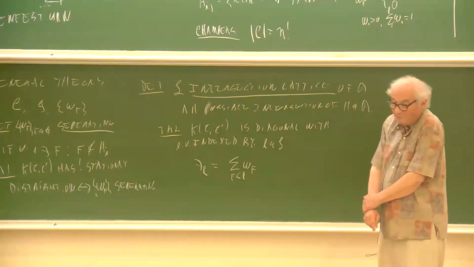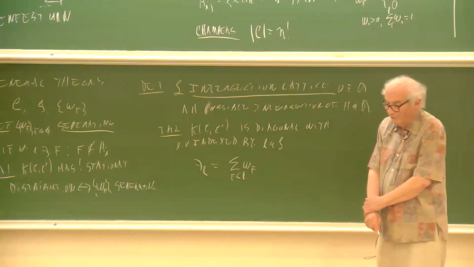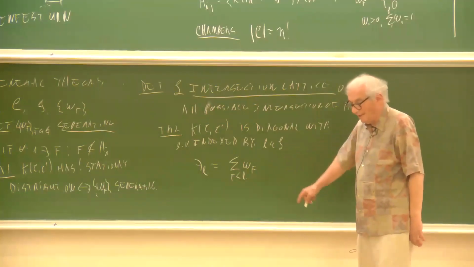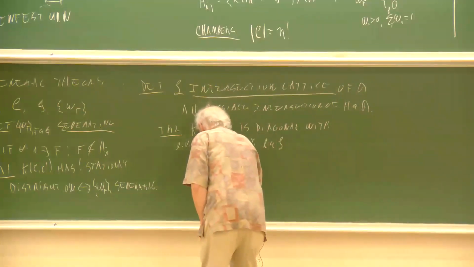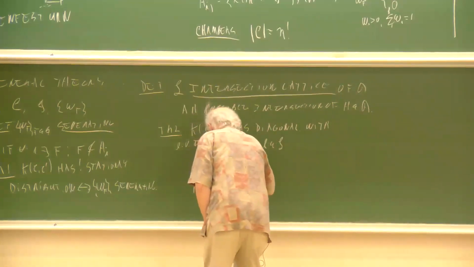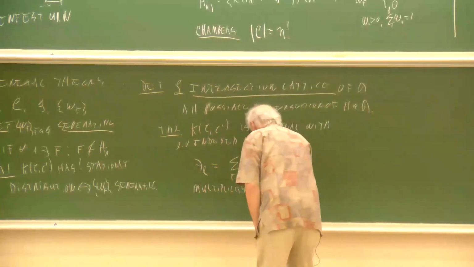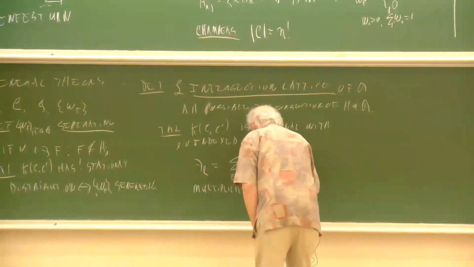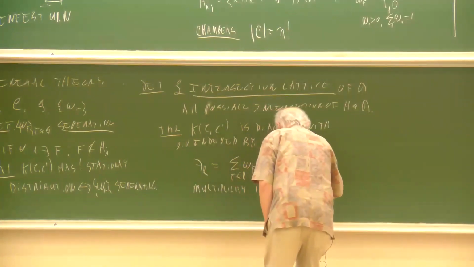So they're non-negative anyway, and this is a pretty explicit formula. And they have multiplicity. The multiplicity of lambda sub L is the mu of L and the top.